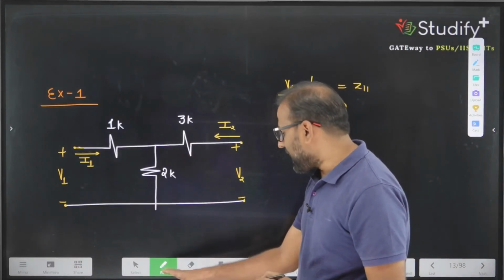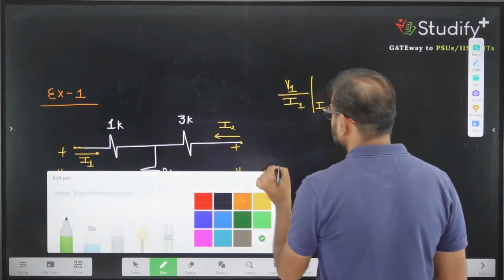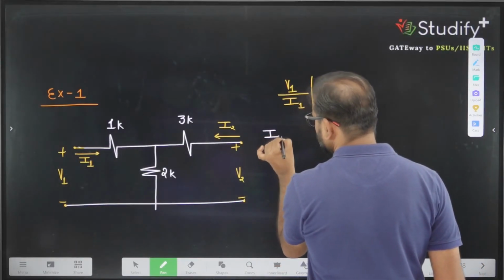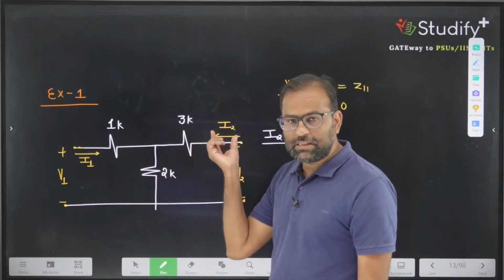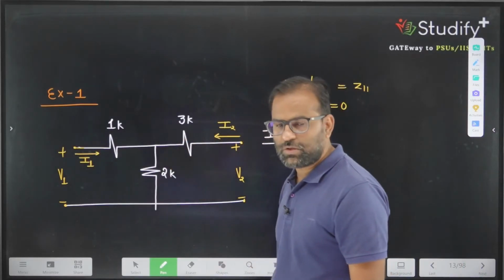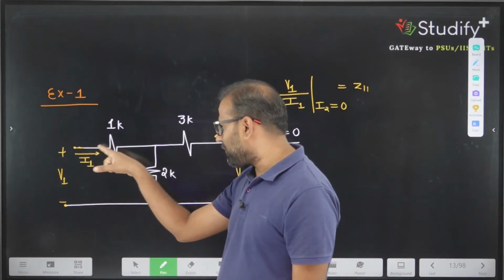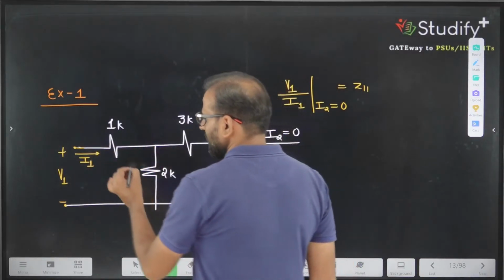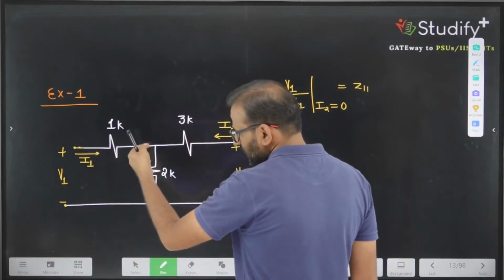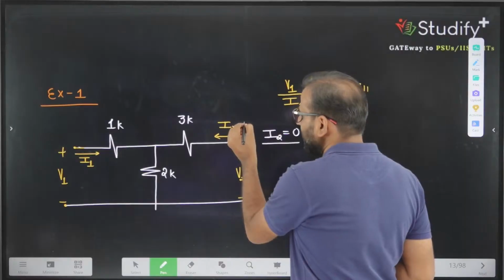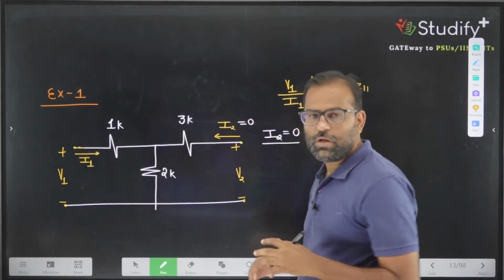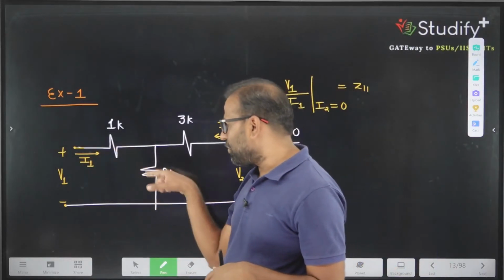So if I make I2 equal to 0 for this network, this current is 0, so this potential drop is also 0. So how much current will flow through this network? Here I1 into 1K and I1 into 2K. Because I2 is 0, what kind of current can we expect in loop number 1?